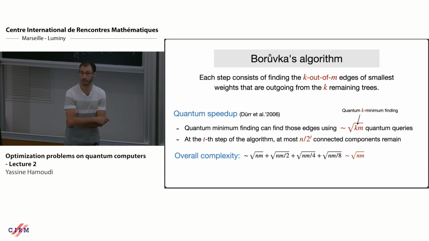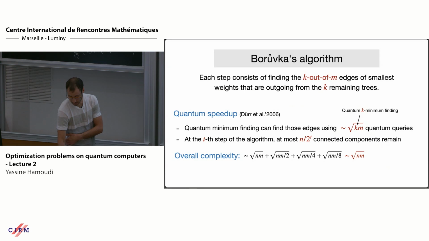Any question on, yes? When do you stop the algorithm? You stop the algorithm when the set of red edges is connecting all the vertices together. So the criteria is you have n minus 1 edges, essentially.